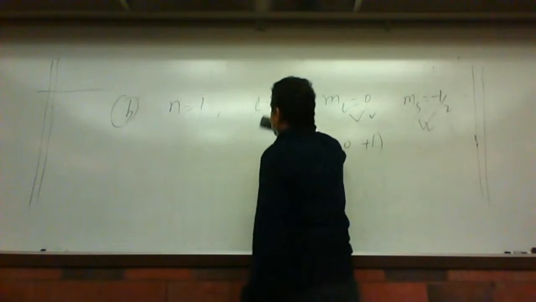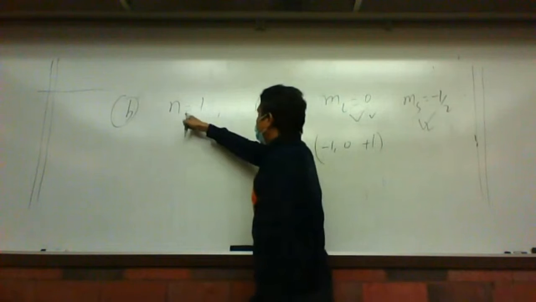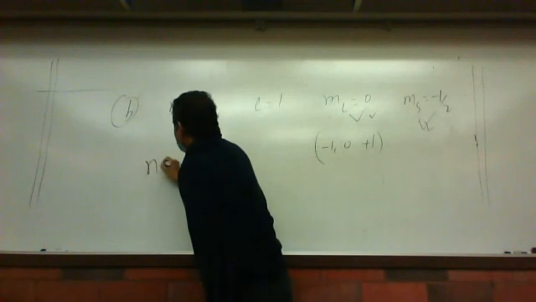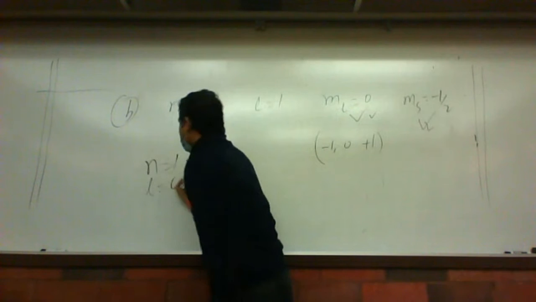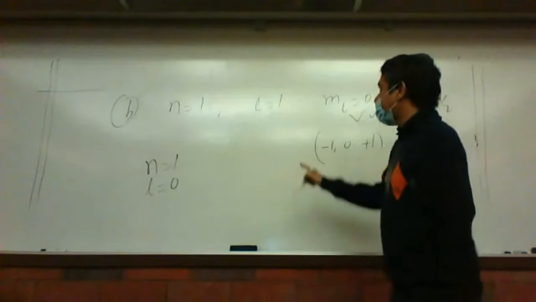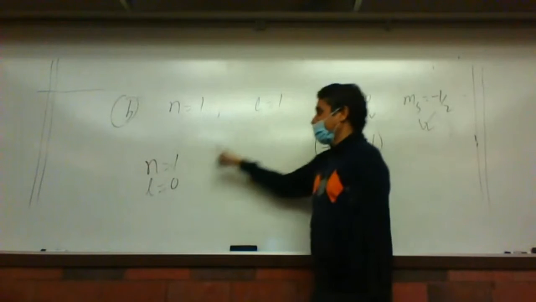Now let's go here and look at L equals to 1. Now this number is coming from here, right? N equals to 1. So if N is equals to 1, L should be starting from 0, right? And it cannot go up to 1. That's what I told you, right? So is it possible if N is equals to 1, L is equals to 1? No, it cannot be L equals to 1.